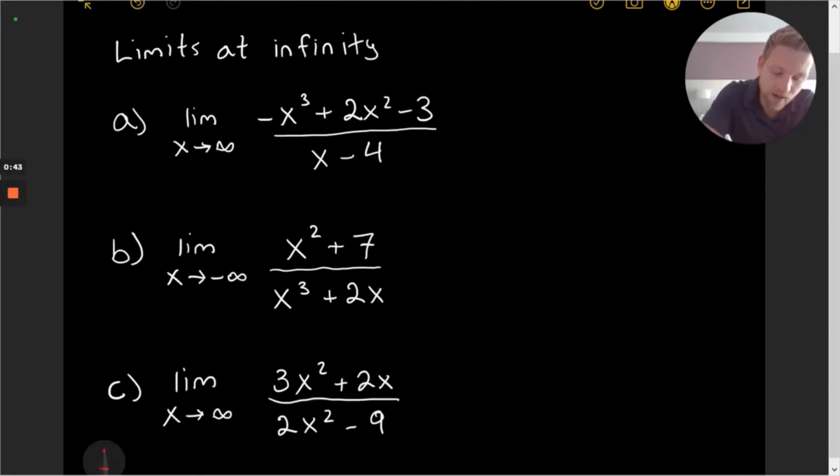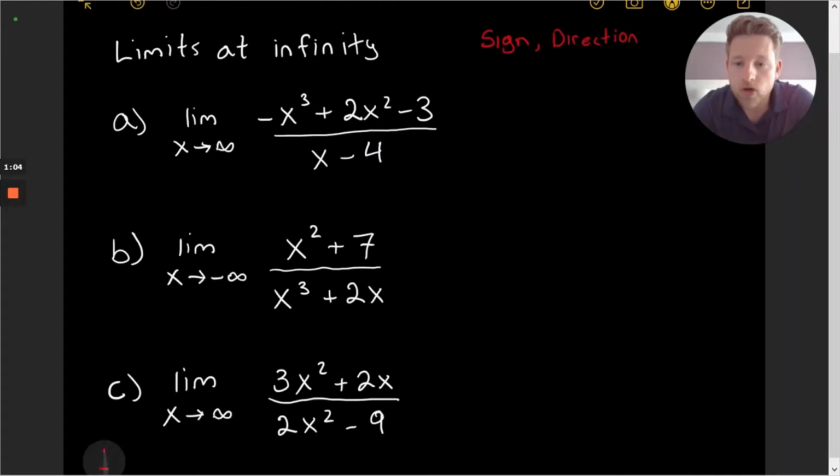One is the sign of our limit, and the other is the direction. So where are we headed, and with the sign, what kind of side are we going?